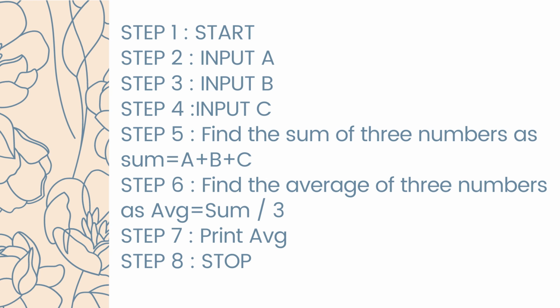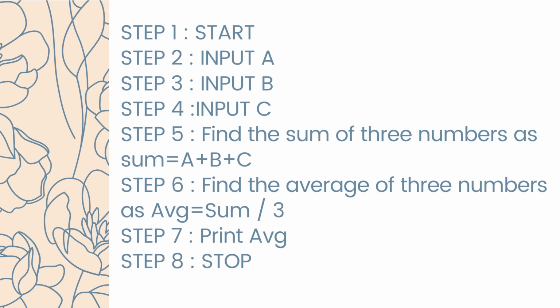In the fifth step, we have written the formula to find the sum of A, B, C, so we just add all the three numbers. The sixth step is finding the average of the three numbers, as average equals sum by 3.